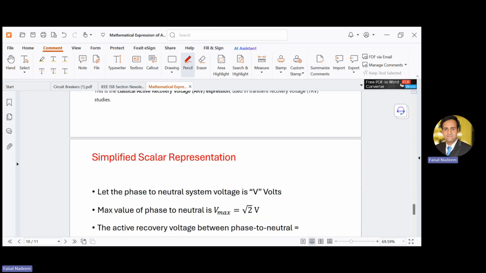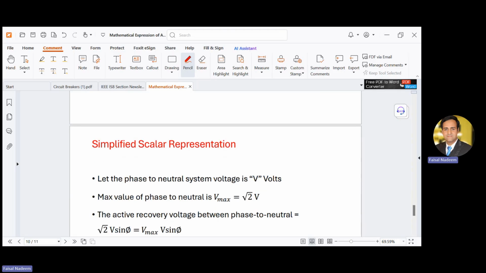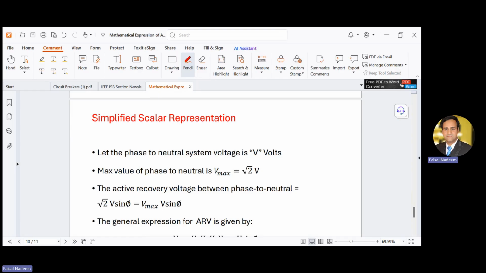Now we will discuss the older representation for the active recovery voltage, which is also known as the simplified scalar representation because it is based on the peak value. We know that the phase to neutral system voltage is usually represented with V volts, and to find the maximum value of the phase voltage, we usually multiply it by root 2, so it becomes the peak value.